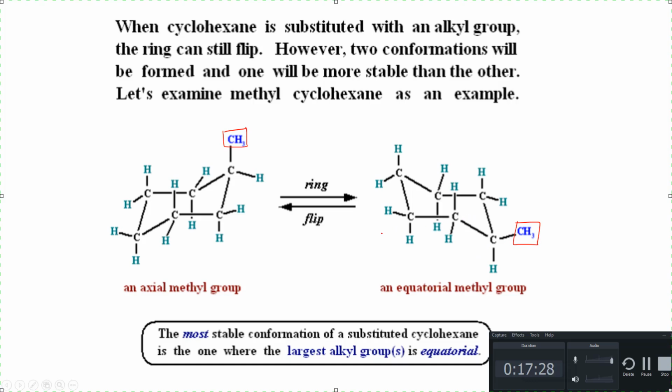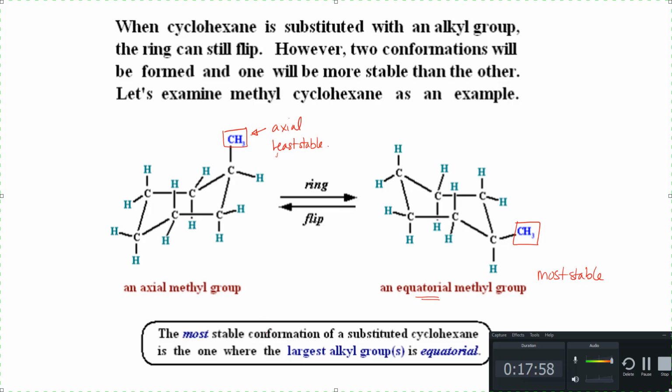Now, these two conformations have different energies, and it turns out that when the methyl group is in its equatorial position, it is the most stable conformation, whereas when the methyl group is in the axial position, this is the least stable of the conformations.